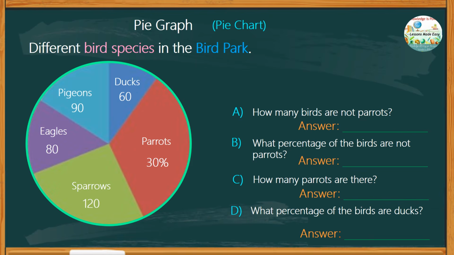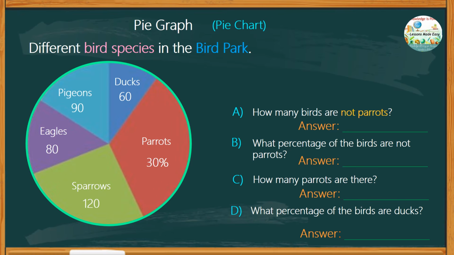For the first question, we need to find how many birds are not parrots. To do that, we simply add the number of pigeons, ducks, eagles, and sparrows. 90 pigeons plus 60 ducks added to 80 eagles and 120 sparrows.